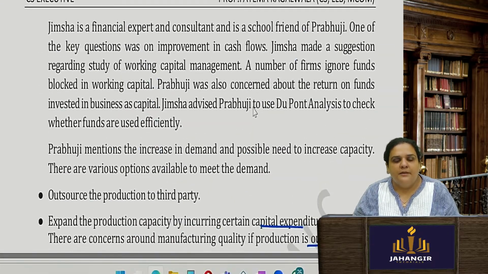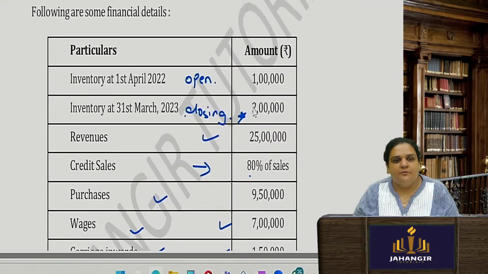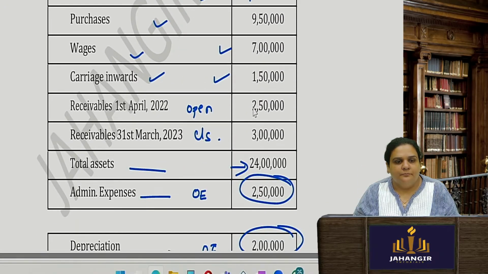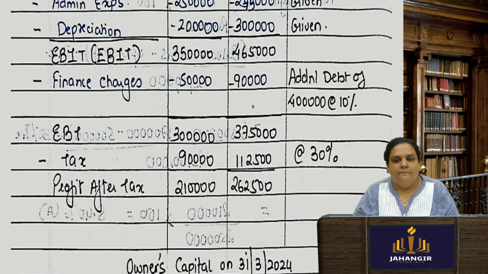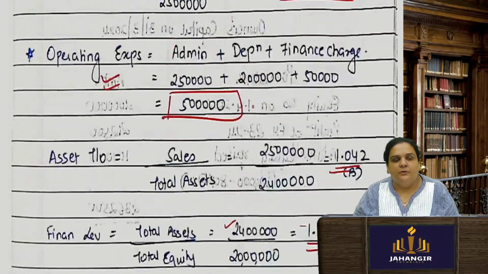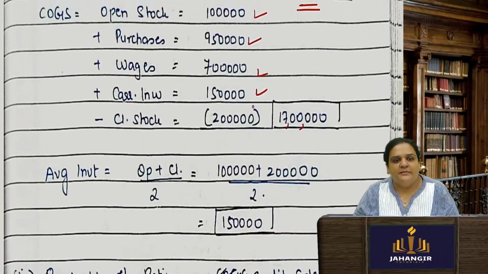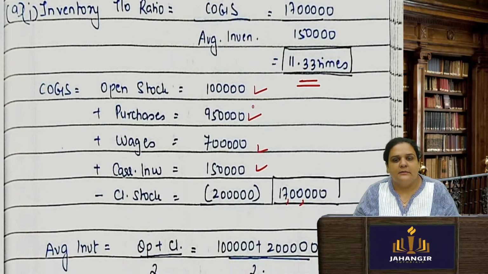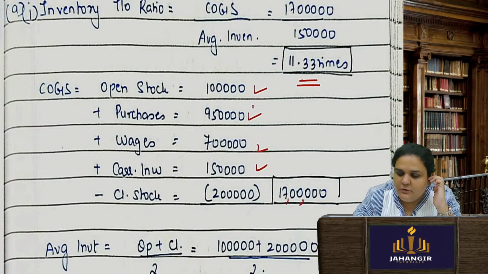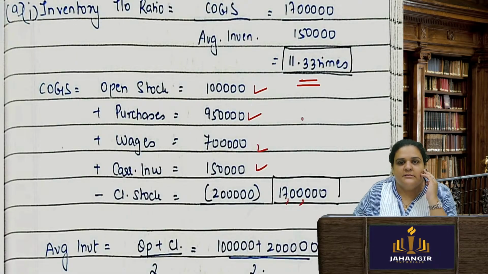So in the previous year, what was my gross profit margin? First, what was my gross profit? How much was my COGS? 17 lakhs, no? So 25 lakhs minus 17 lakhs, my gross profit was 8 lakhs.